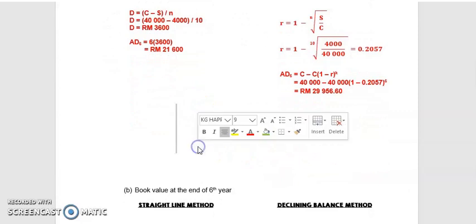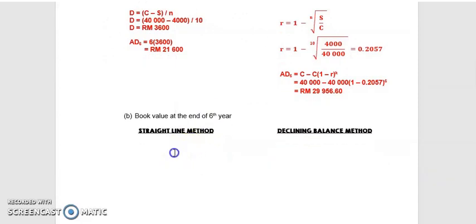Question B, book value. For the straight line method, book value for year 6 equals cost minus the accumulated depreciation.